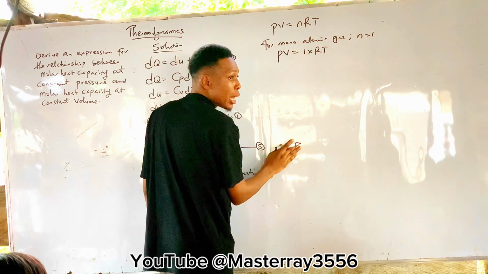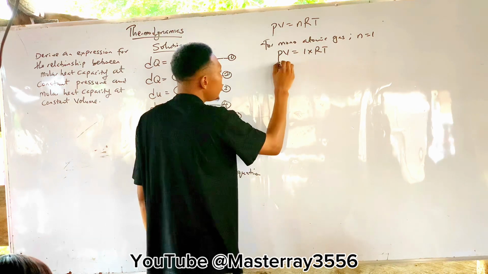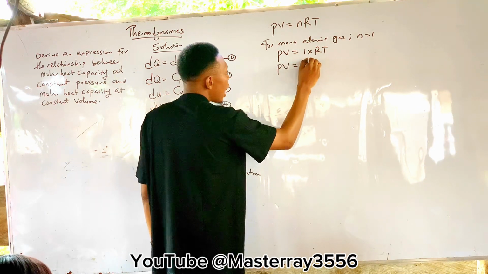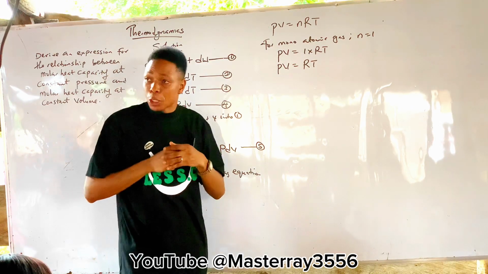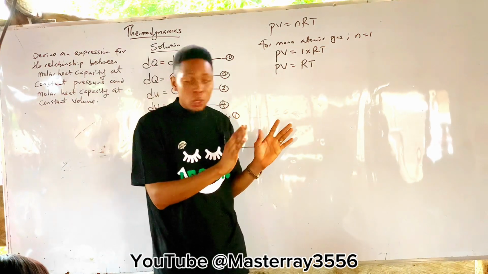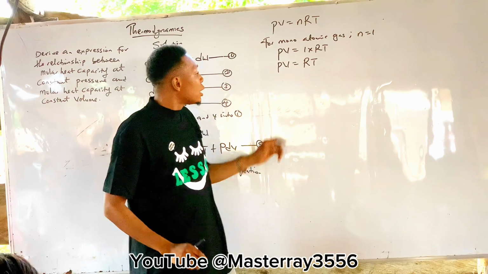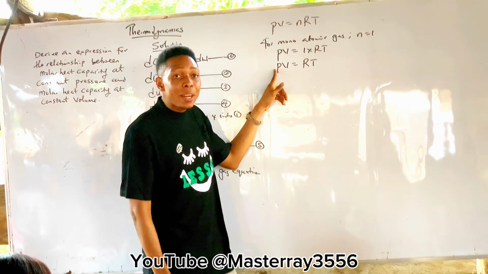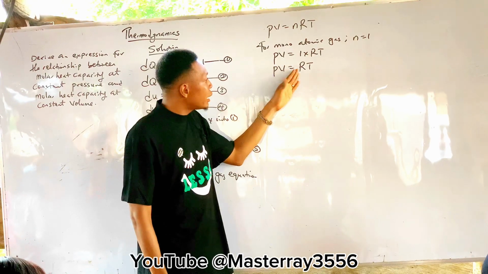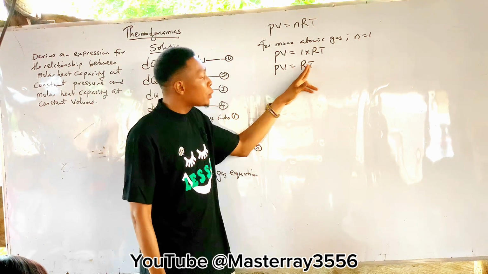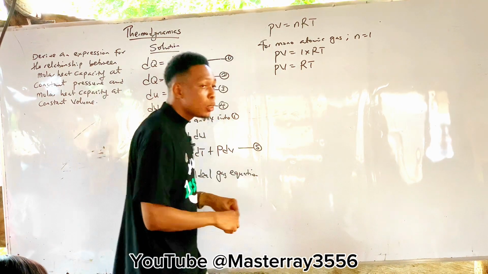So you have PV equals RT. What you do, you carry out what is called integration. So by next semester, I'll be doing calculus. So what you do here, you integrate your P with respect to V, your V with respect to P, and in this way, R with respect to T.